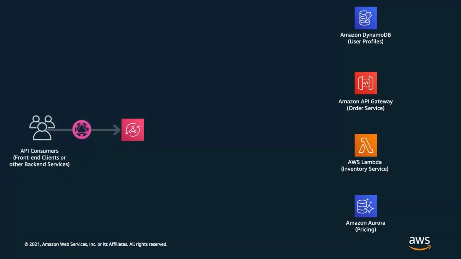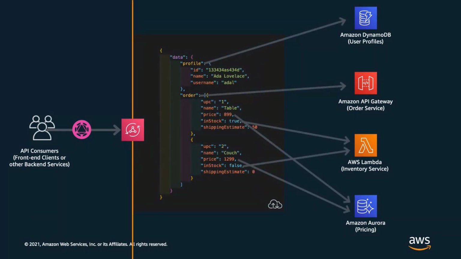So what we can do with GraphQL and AppSync, we can again combine features from both AWS AppSync and GraphQL using one single API endpoint that can retrieve data from multiple data sources with one single API request. So with a single network call and from a single endpoint, we can retrieve data from DynamoDB, from Amazon API Gateway, from AWS Lambda, and from Amazon Aurora.